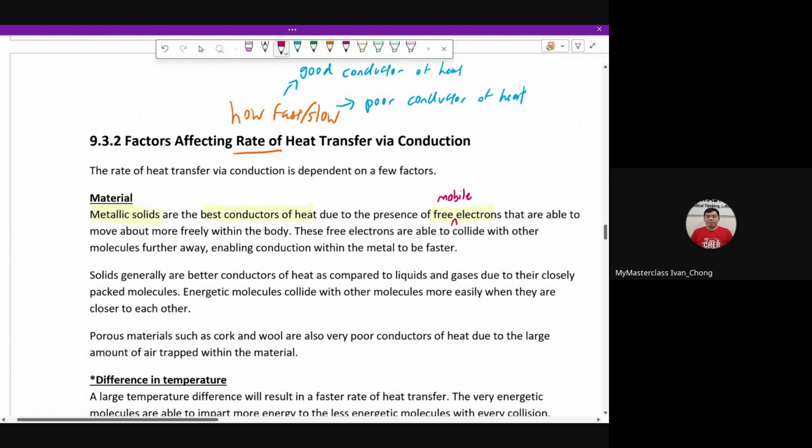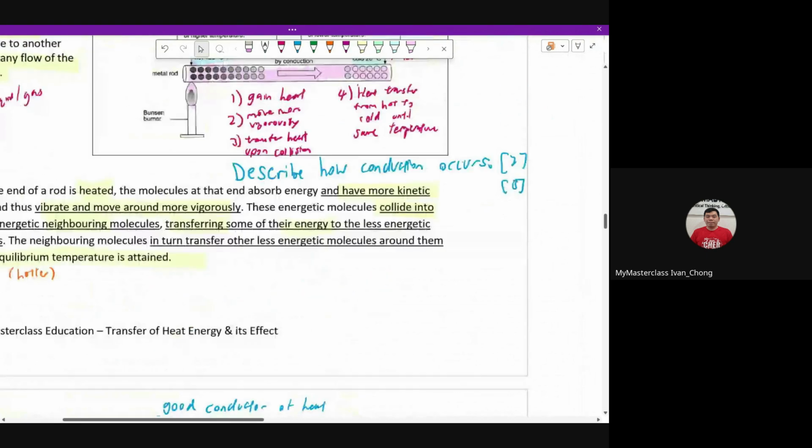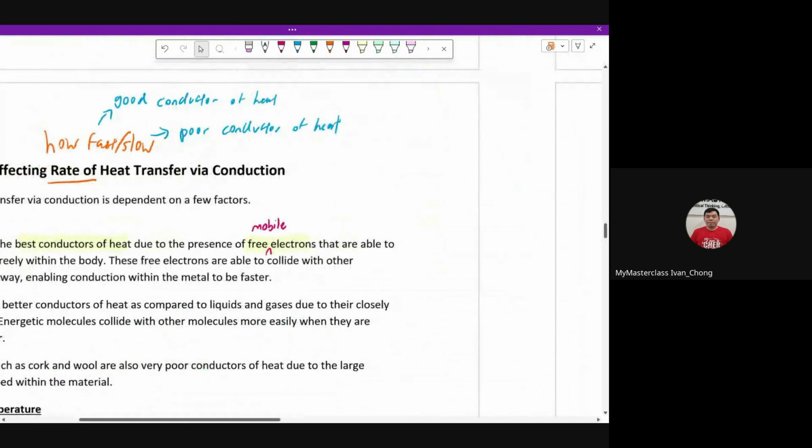So what happens is, inside this diagram, I'm going to sketch another one out. Typically all of them look something like this. They should be more closely packed together. In between all your metals, there are actually a lot of electrons that are just floating about. When you gain heat, you vibrate, and these electrons also gain heat.